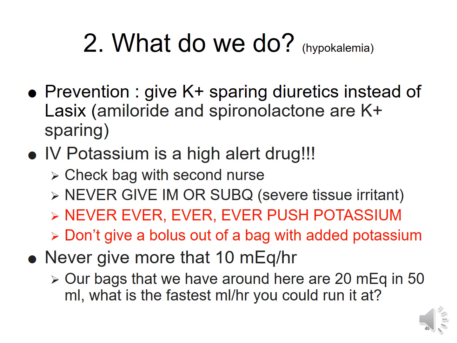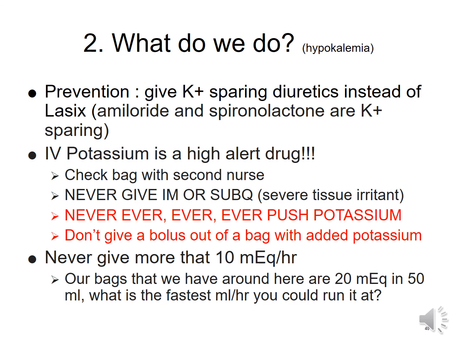Remember that you should never give more than 10 milliequivalents per hour. And our bags that we have around here are usually 20 milliequivalents in 50 milliliters. So what's the fastest milliliter per hour you can run it at? It's 20 milliequivalents, and we can only give 10 milliequivalents per hour.